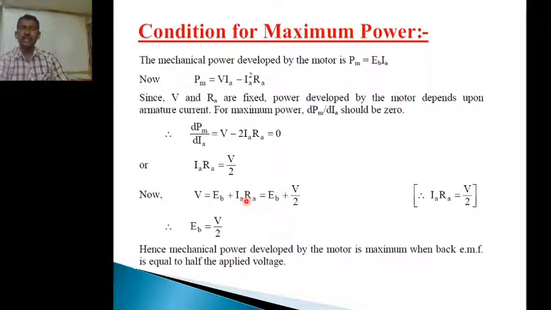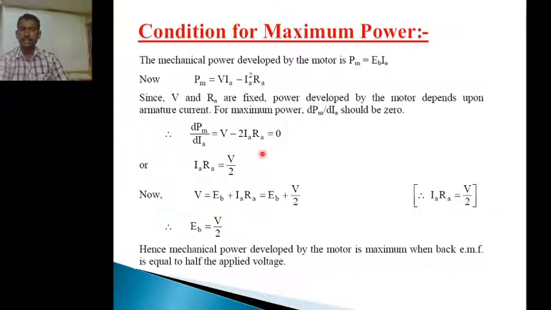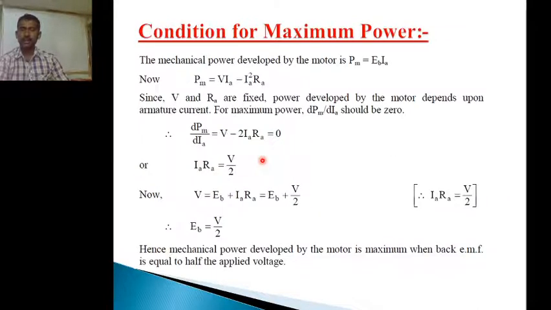The mechanical power developed by the motor, we already know, is Eb into Ia. I write this as Pm. Then V into Ia is equal to Pm plus Ia square Ra. So Pm is equal to V into Ia minus Ia square Ra.